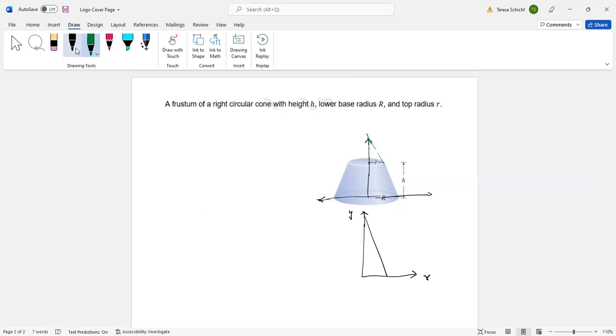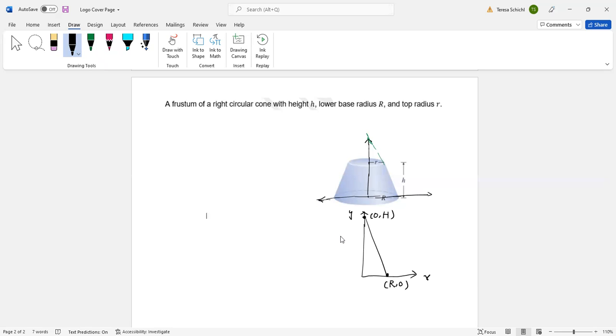This point here is R, 0, because this is the radius. The top here, I don't know where it touches, so I will just say the height is uppercase H.